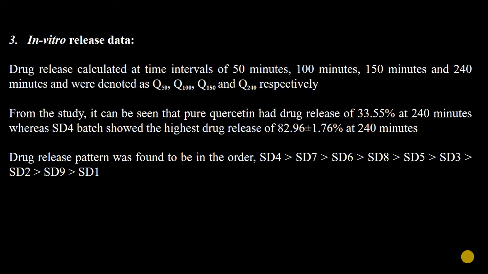From the study it can be seen that pure quercetin had a drug release of 33.55% at the end of 240 minutes, whereas SD4 formulation showed the highest drug release of 82.96% at the end of 240 minutes. The drug release pattern was found to be in the order that SD4 shows the highest drug release rate, whereas SD1 shows the lowest drug release rate.